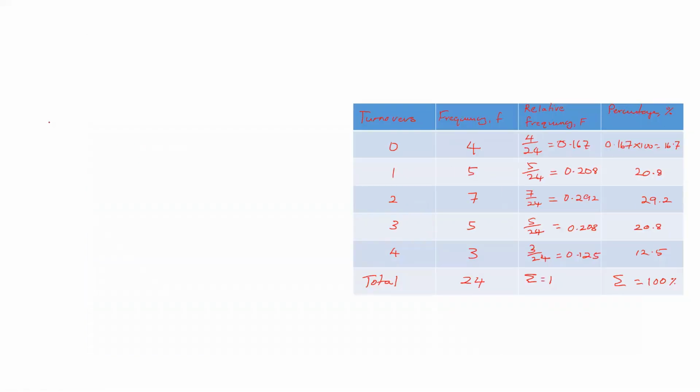Next, we need to find the relative frequency. They want to calculate how many games the team committed two or more turnovers. So they want the relative frequency for two and more.